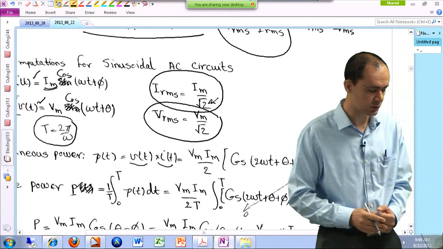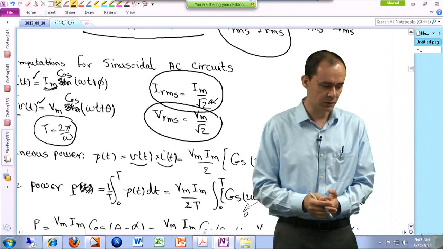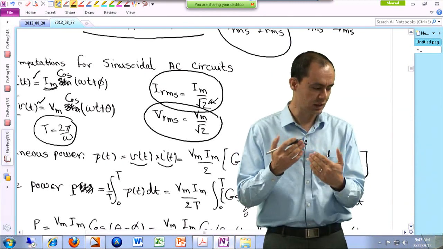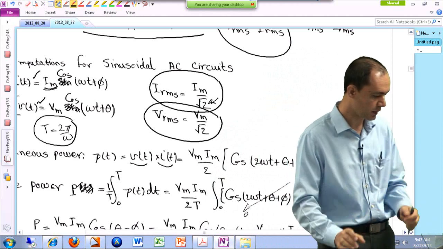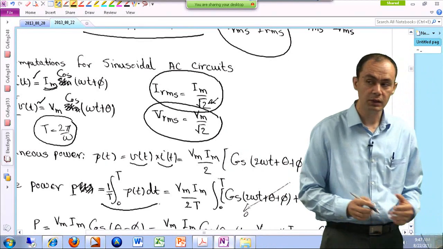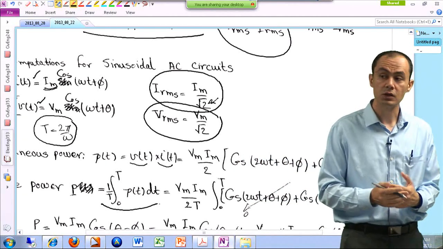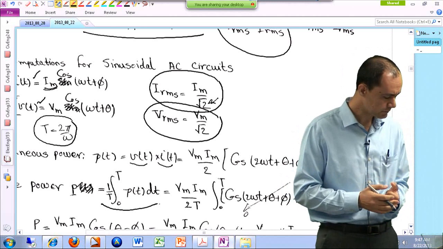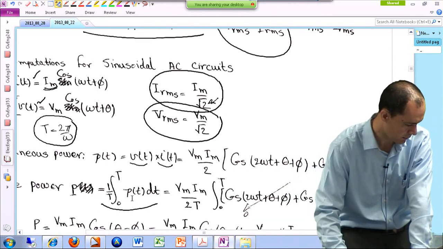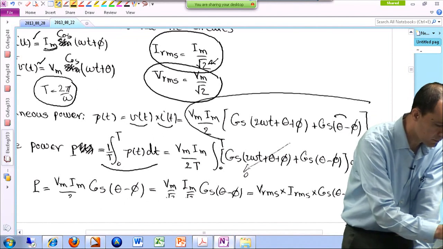Okay, so that is an expression for my instantaneous power. If I want to look at the average value of the power, I have to look at the integration, or the average value, of this instantaneous power. And this is written over here: 1 over the period, integration from 0 to T, where capital T is our period. So basically, you're looking at the average value of the signal.